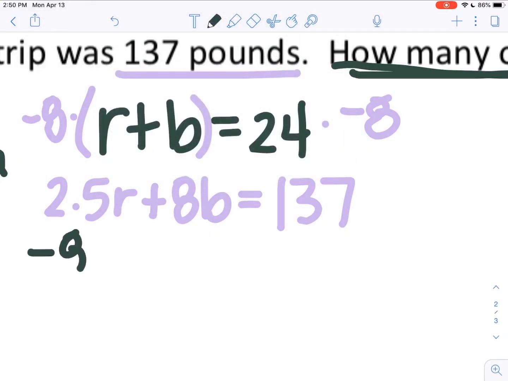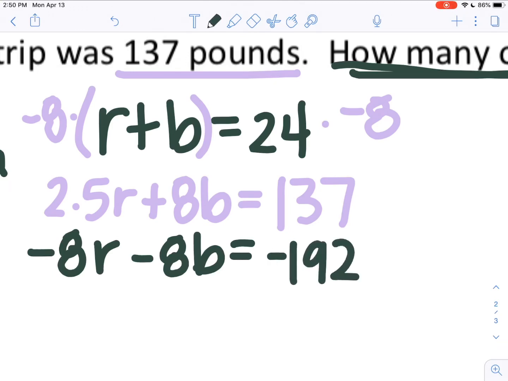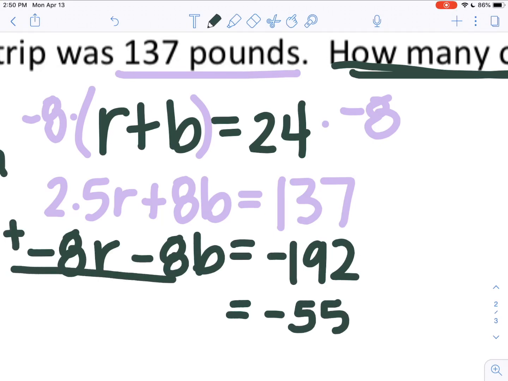So I'm going to get -8r minus 8b equals 160, and 8 times 4 is 32, so -192. Let me just check that I'm right. 24 times 8. Yep. Okay. So that's going to give me -55 when I add these two together.